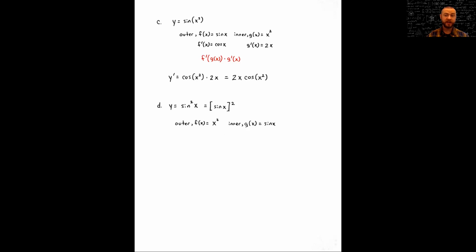Here, our inner function for part D is sine of x, and the outer function is now x squared. Make sure you pause to at least understand it. This is similar to part C, but our outer and inner functions have been switched, comparing part C to part D.